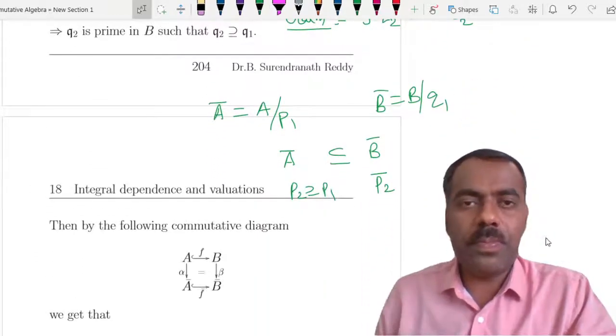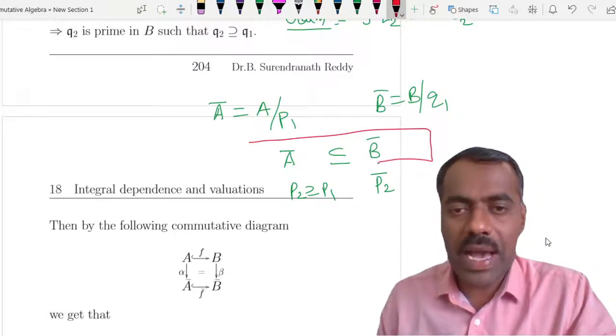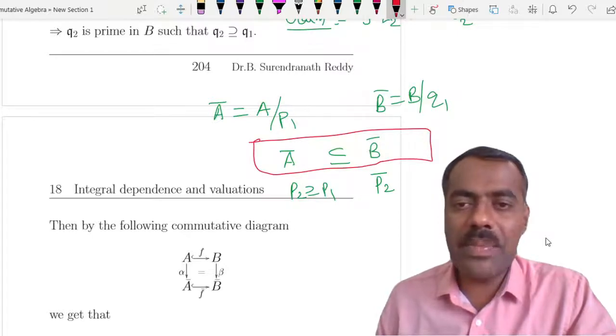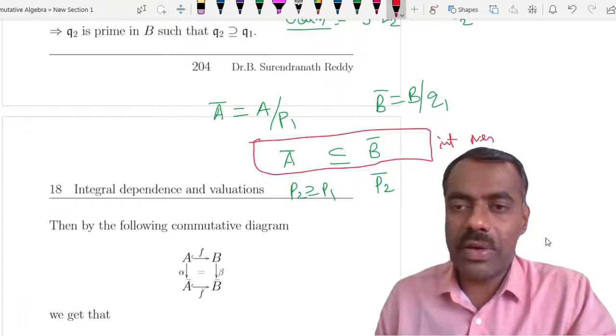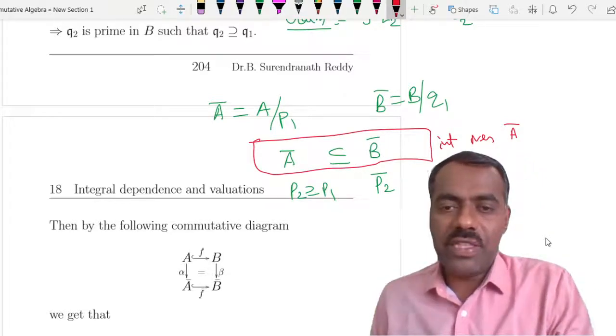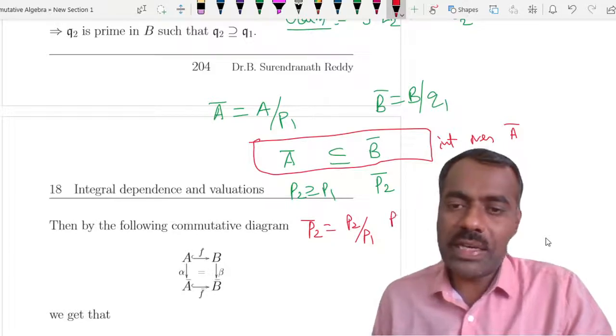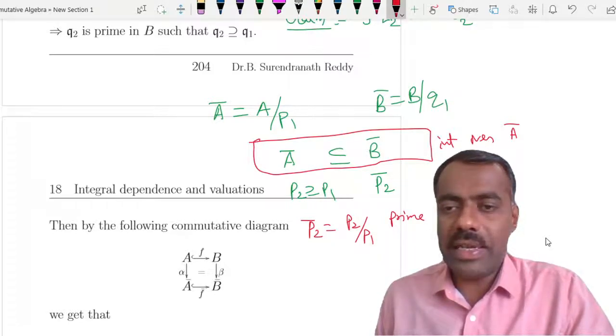So let me write here. We are in this situation now: A bar is contained in B bar, and B bar is integral over A bar. Here we apply the previous result. P2 bar, which is nothing but P2 upon P1, is a prime ideal in A bar.